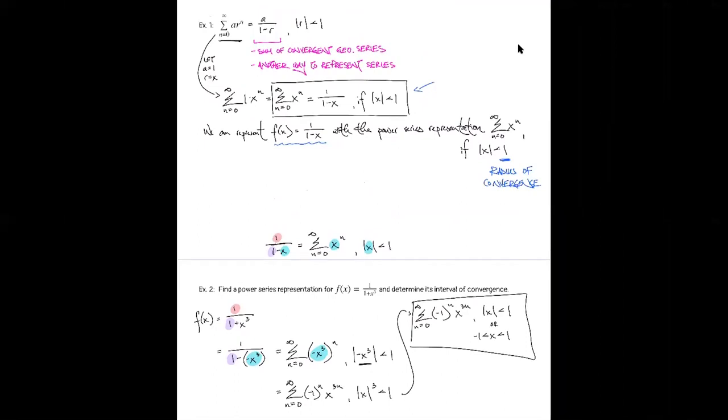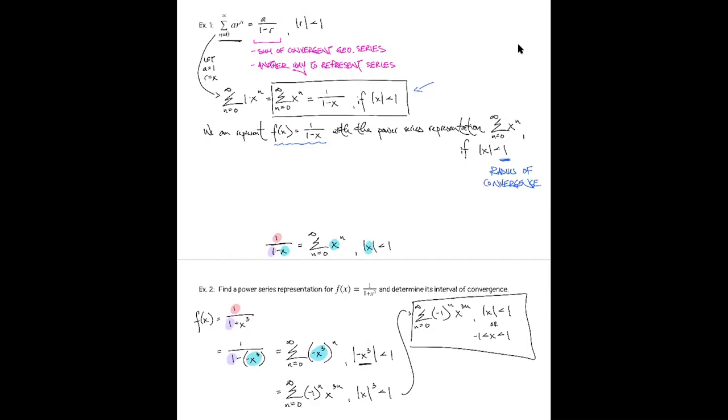Professor, for example 2, when you made the bounds or the range, it's between -1 and 1. Is that because of the -1 in the interval of convergence, or is it only because you took off the absolute value? It's because I took out the absolute value. Okay, thank you.